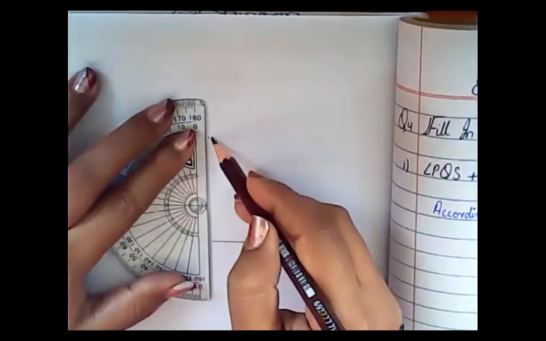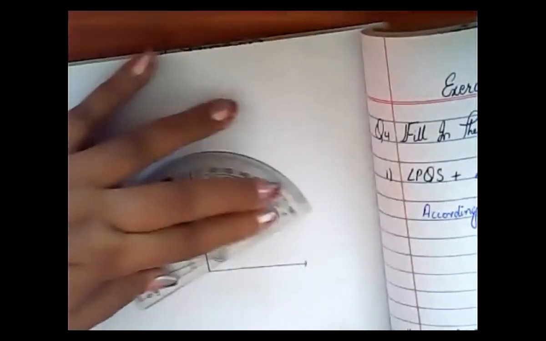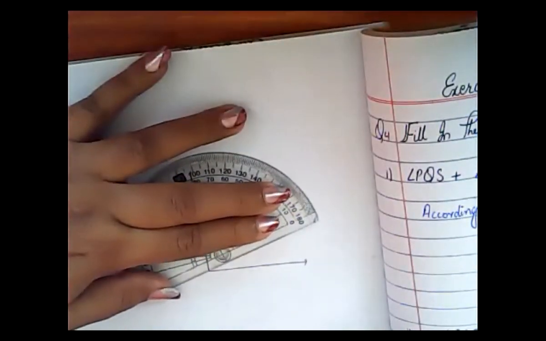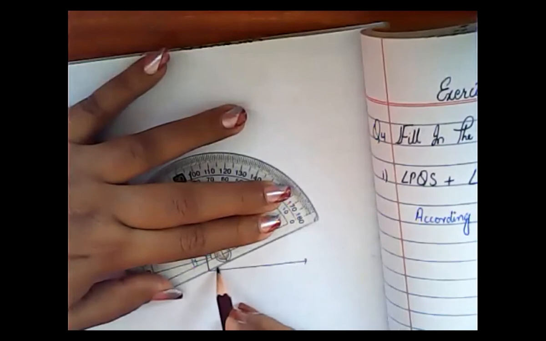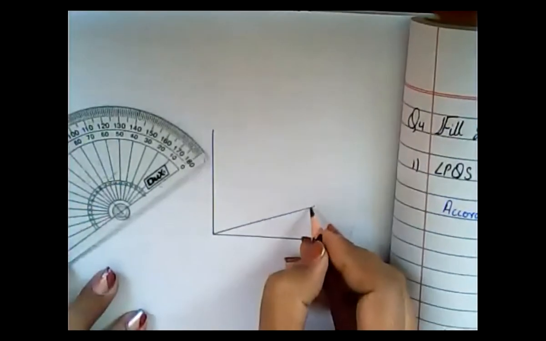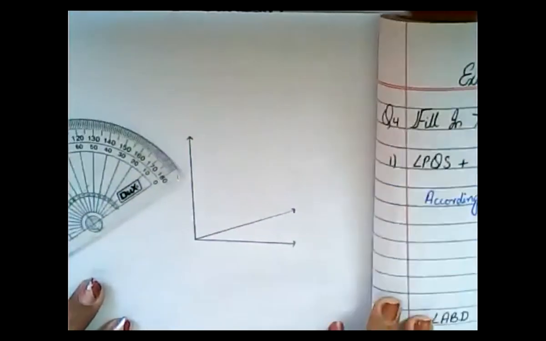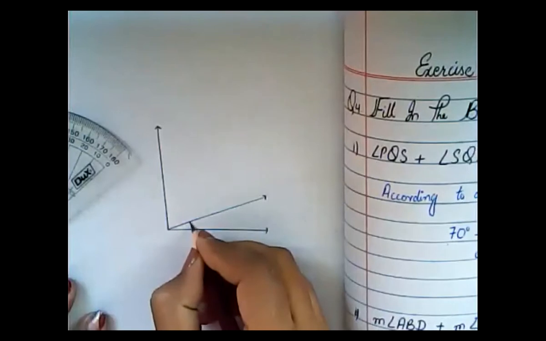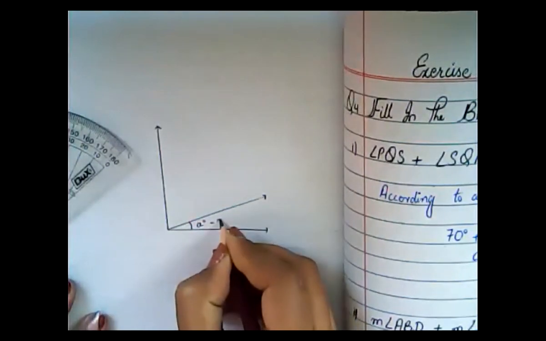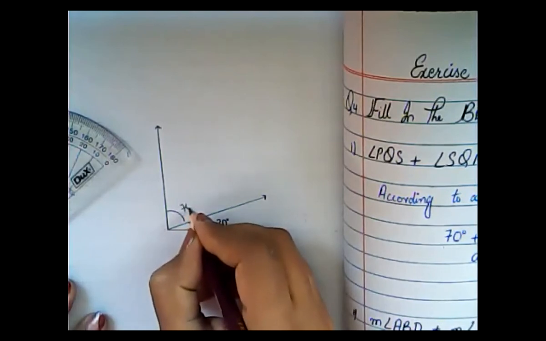All these dots will be connected with the end point of your first ray. Now this is a ray, so we are going to place an arrowhead. Now this was your A, which is equal to 20 degrees, and this is equal to 70 degrees.